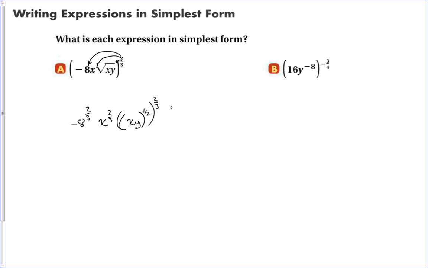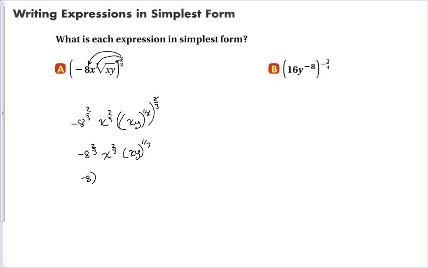The reason I did that is because that will cancel with that, leaving you just the 3. Okay. So this is negative 8 raised to the 2/3, x raised to the 2/3, and xy raised to the 1/3 power.